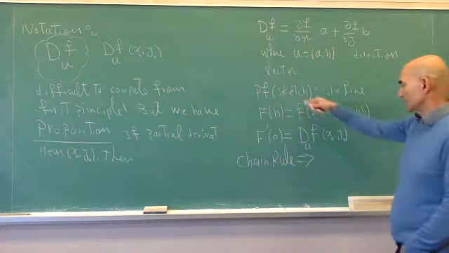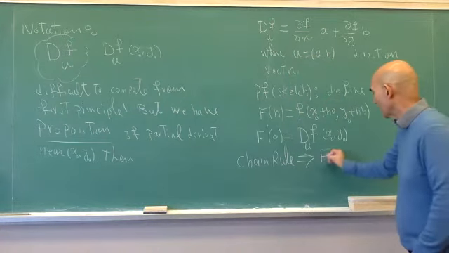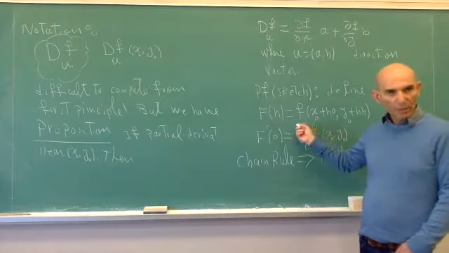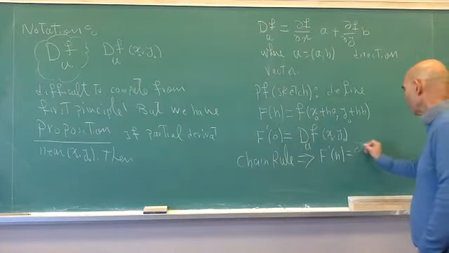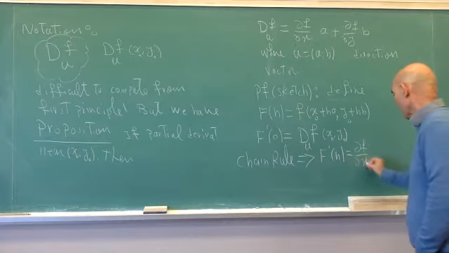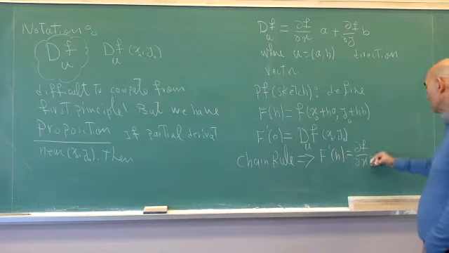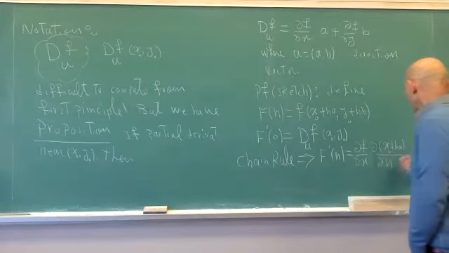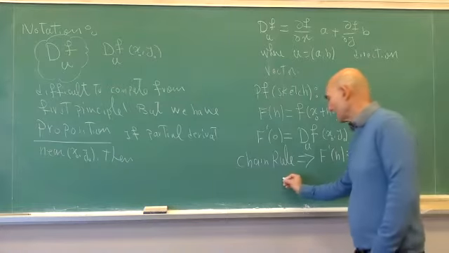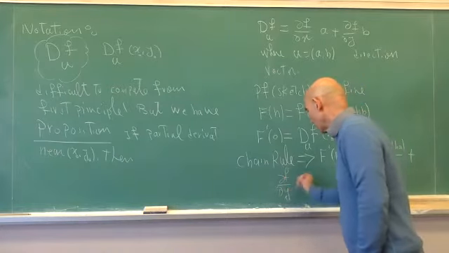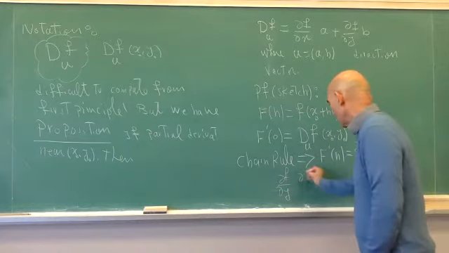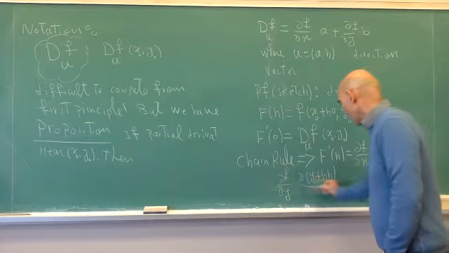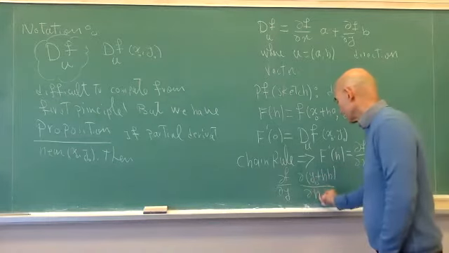It tells us the derivative of F: F prime of h is partial f partial x times the partial of x0 plus ha with respect to h, plus partial f partial y times the partial of y0 plus hb with respect to h.